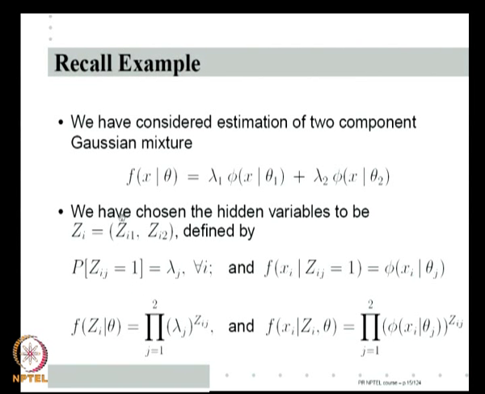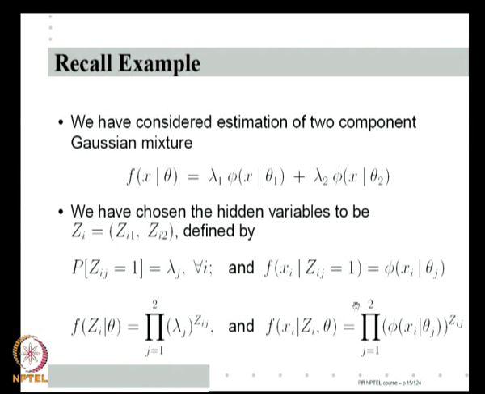Under this formulation of the hidden variables, the following distributions are immediate. Firstly, the marginal of Zij: the Zij are binary variables, so we only need probability Zij equals 1, that is lambda j, because lambda j is the probability with which it will come from the jth component. And if you tell me Zij is 1, that means I know xi has come from the jth component, then the density of xi is simply phi(xi given theta j).